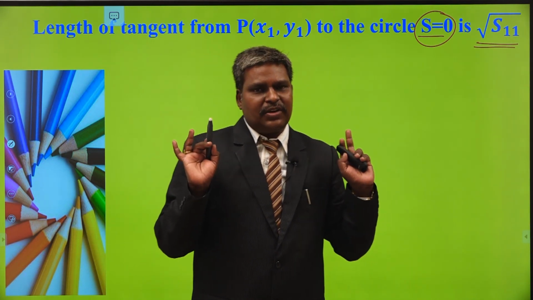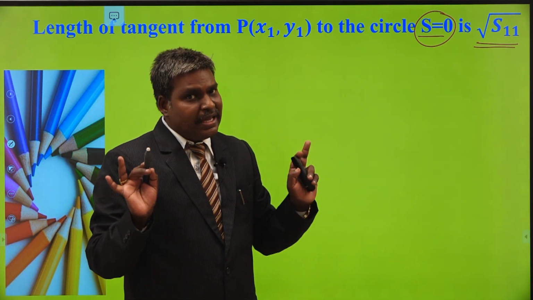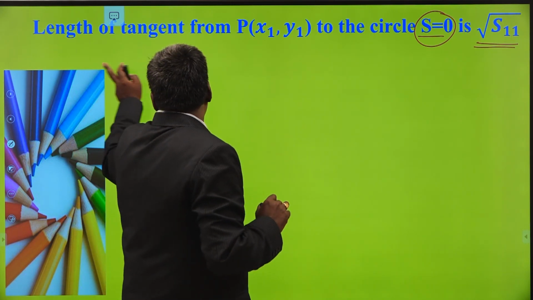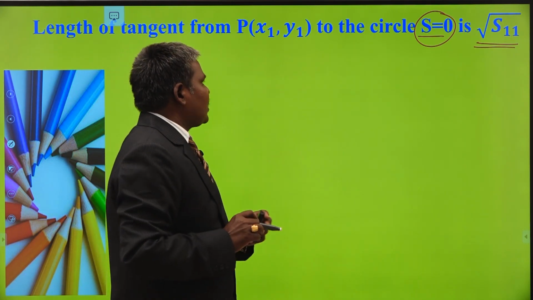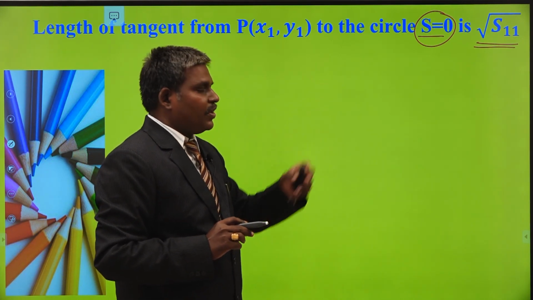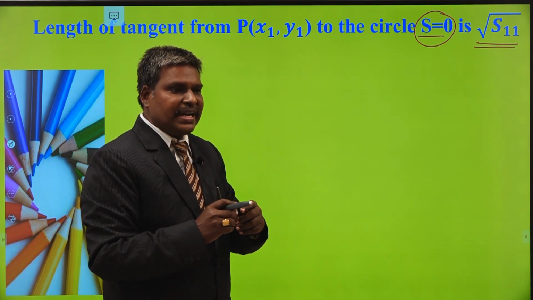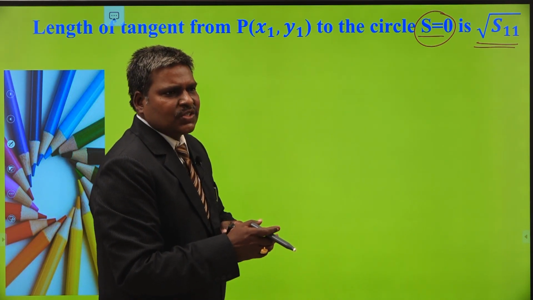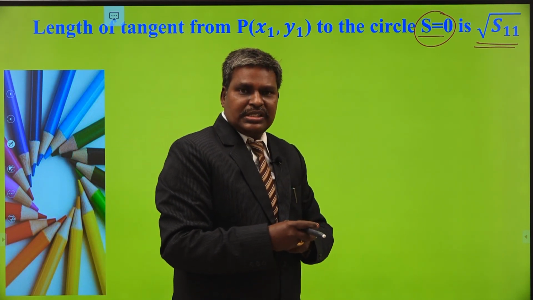Otherwise, you get different values and the answer may be wrong. So the length of tangent from (x1, y1) to the circle S = 0 is root S11. Already we have defined S11. S11 is obtained by just substituting the point (x1, y1) in your S = 0.